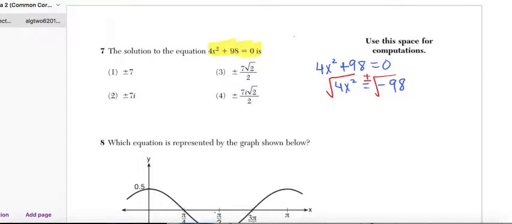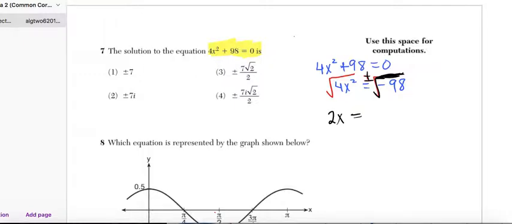And you'll see why in a minute, because we won't get radicals in the denominator. So the square root of 4 is 2, and we want to make sure we include the plus minus in front of the other side. Square root of 4 is 2, square root of x squared is just x.